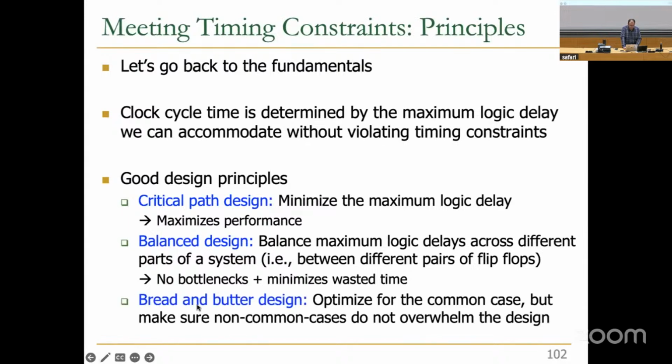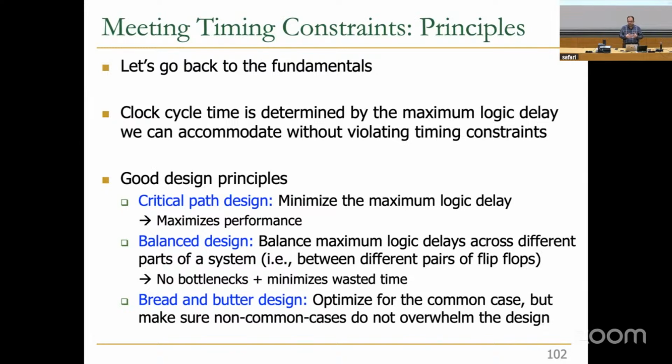Another design principle that we like to call bread and butter is that we optimize for the common case. But we should also make sure that non-common cases do not overwhelm the design. This is going to be more detailed and easier to understand when we get to microprocessor design.